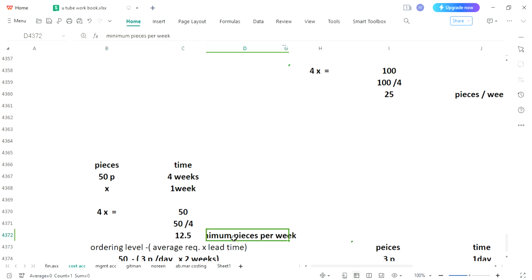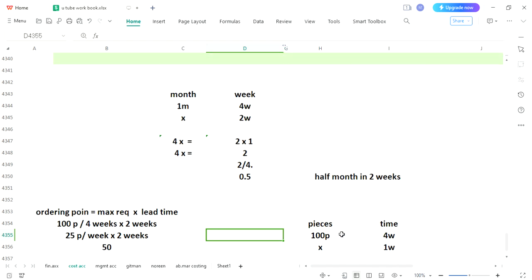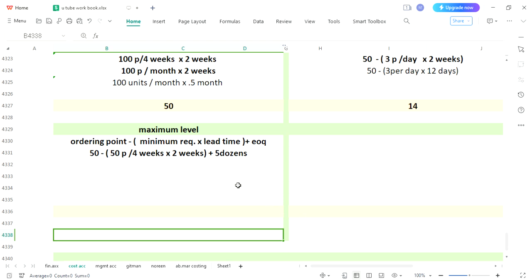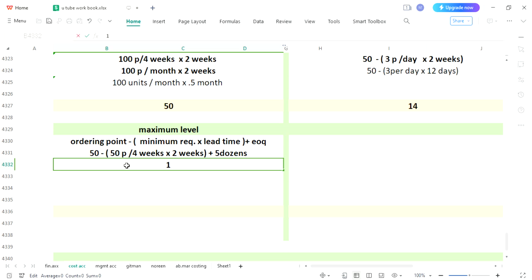Alright guys, so let's use this information in our question. This is minimum requirement per week. Go back to your question and instead of this 50 we can write now 12.5 pieces per week.